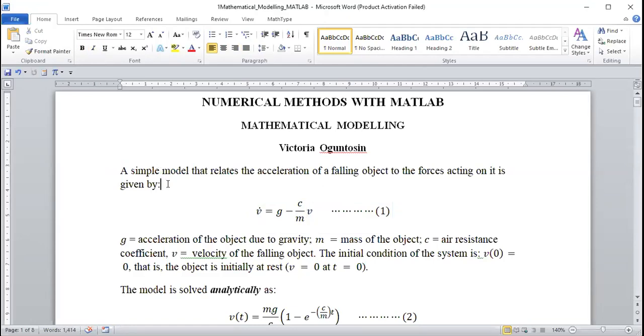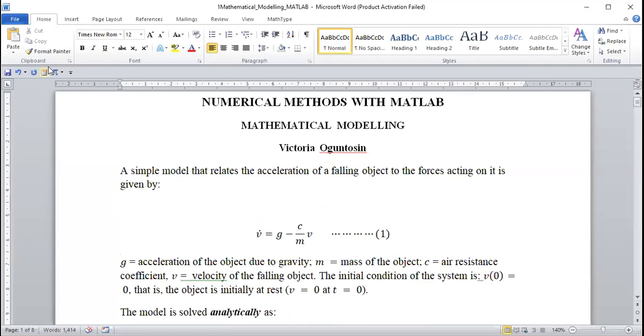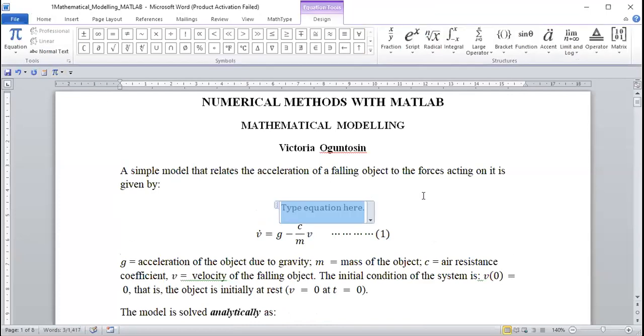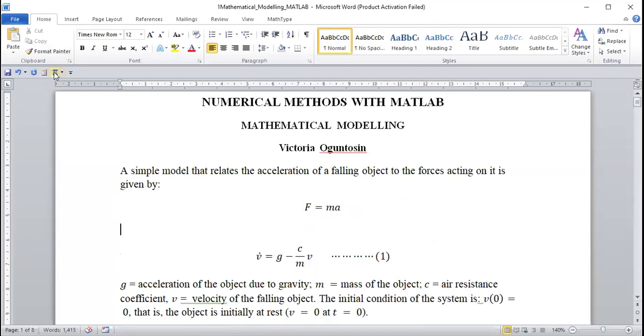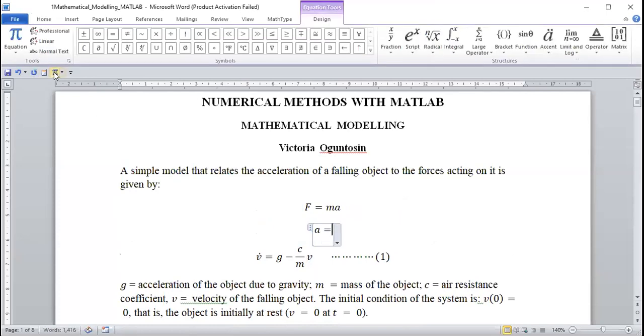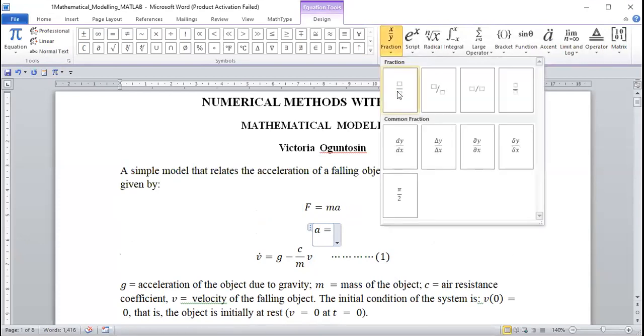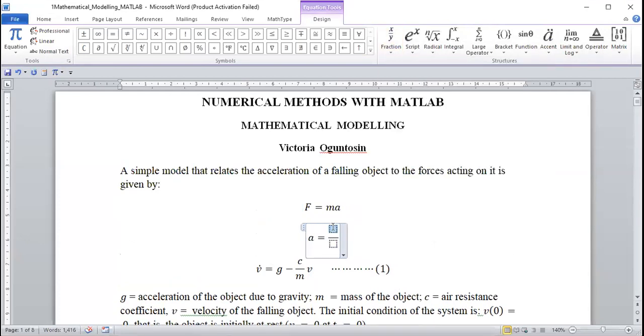We got the model basically from this well-known equation, which is force is equal to ma. Since force is equal to mass times acceleration, we know that the acceleration a is equal to force divided by the mass.